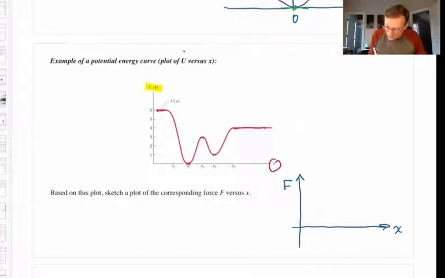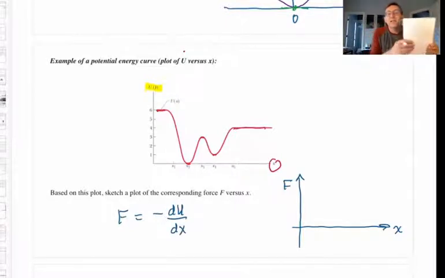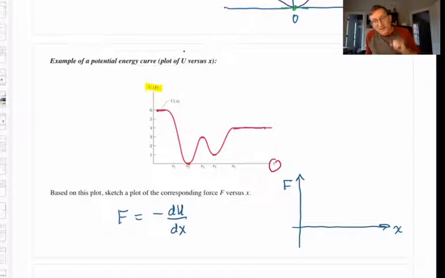My hint to you is this formula that we just discovered. The relationship between a conservative force and its corresponding potential energy is that the force is the negative derivative of the potential energy. So pause the video and try to sketch for yourself what the force as a function of x looks like given this plot of potential energy.